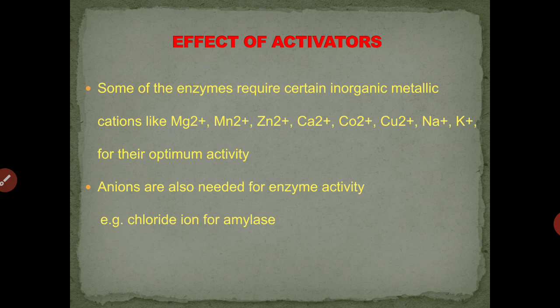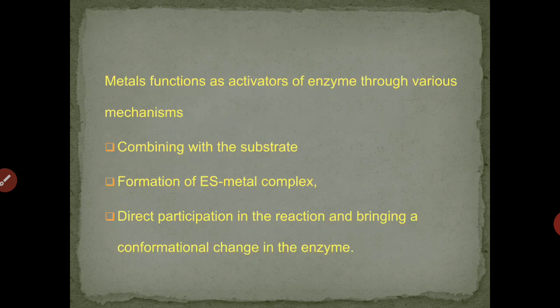The cations required for enzyme activity are, for example, magnesium, manganese, zinc, calcium, cobalt, copper, sodium, etc., whereas anions like chloride are required for amylase activity.